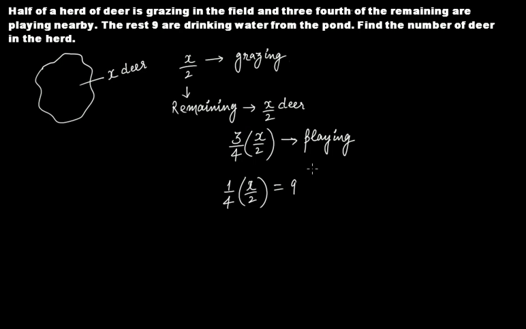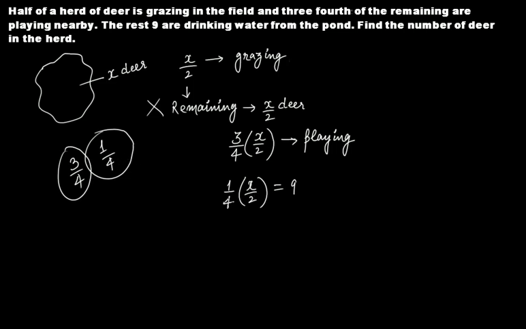I'm again repeating for you. X deer, half of it are grazing, so the remaining half are not grazing, right? Of this remaining, that is X by 2 deer, 3/4 are playing. So left is what? Left is 1/4.